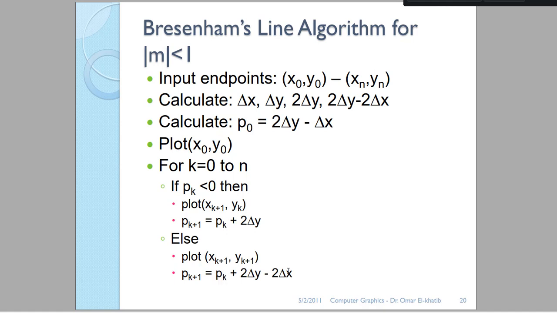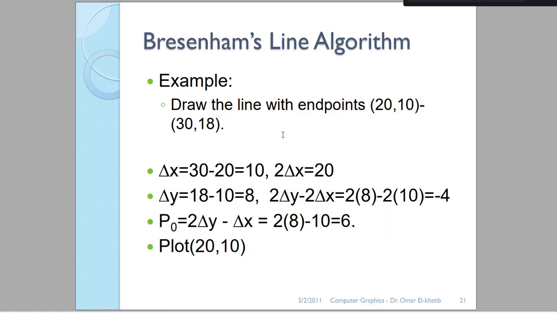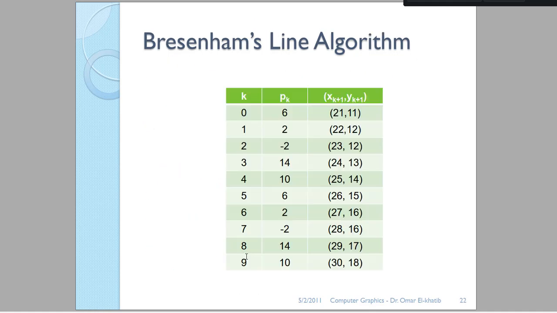P0 was 6, 6 minus 4 is 2, so our p1 will be equal to 2. And for our next point, p1 is equal to 2, which is not less than 0. We will use the same condition and draw the next point, so we increase both x and y. After (21, 11), we make it (22, 12), and we will continue this.